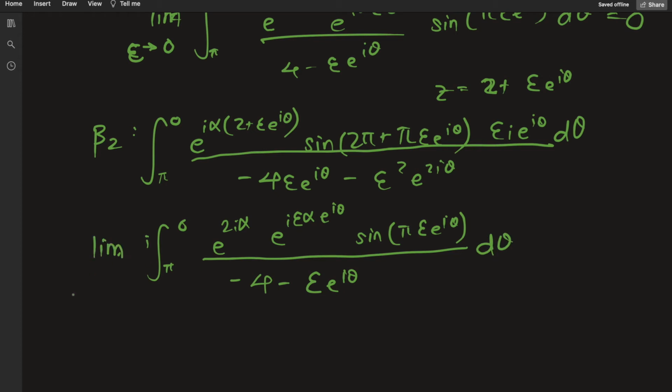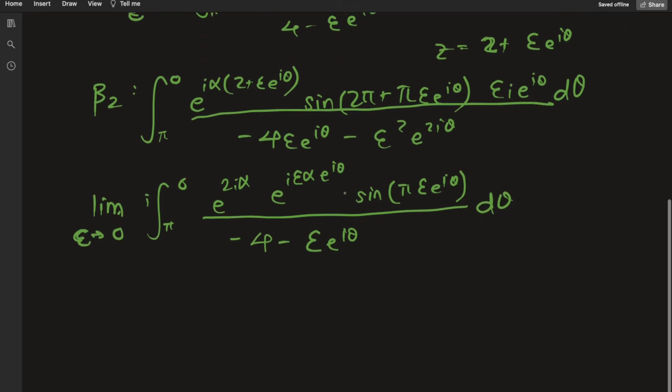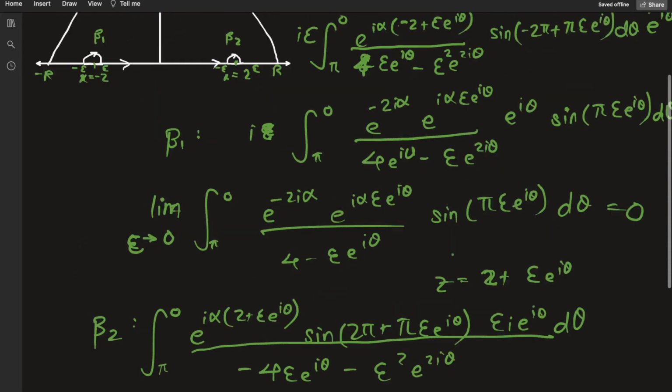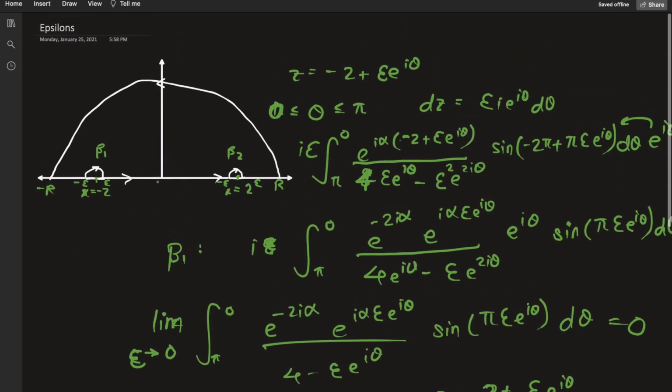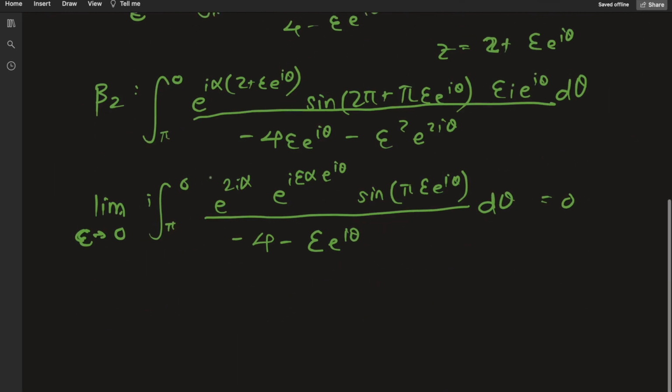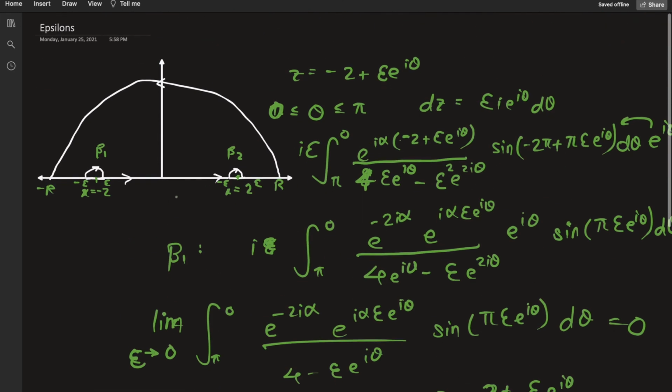Now take the limit as epsilon goes to 0, just like beta 1. Because of the sine, we end up with 0. So both of these loopy guys go to 0. That's really nice because now we don't have any random mess in the original contour equation.